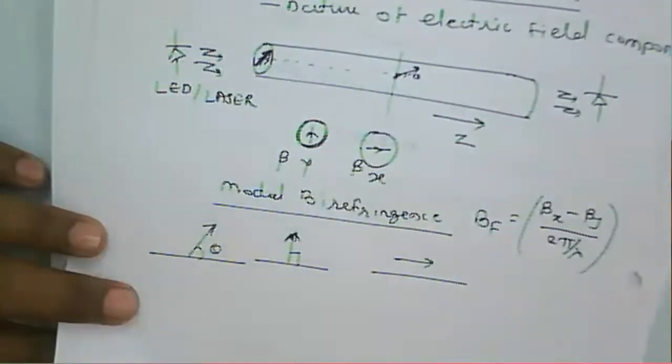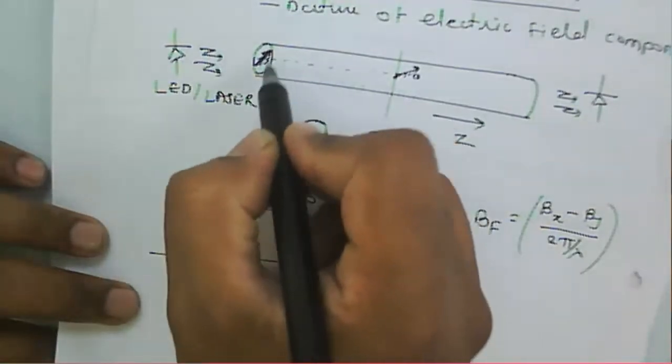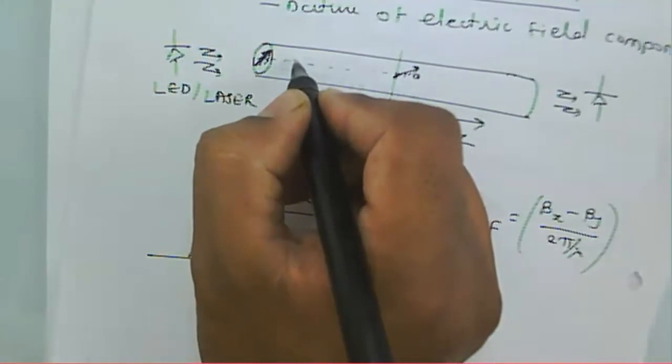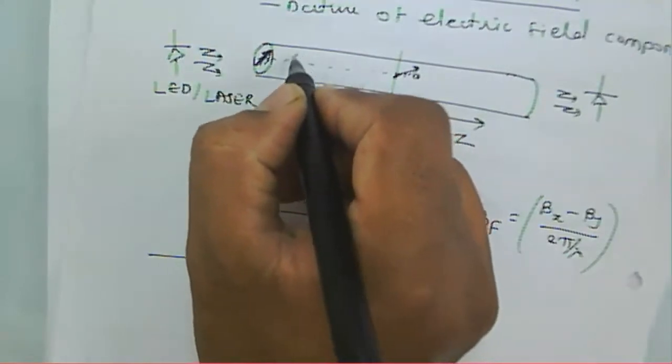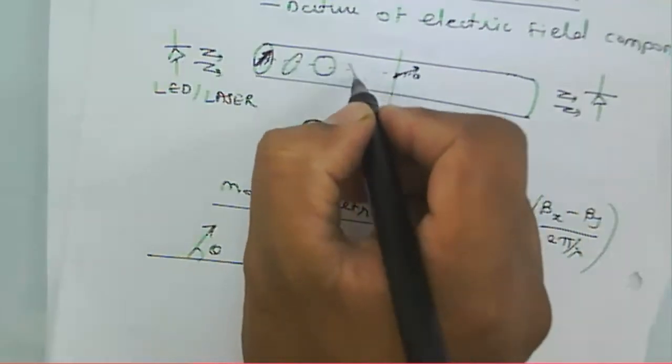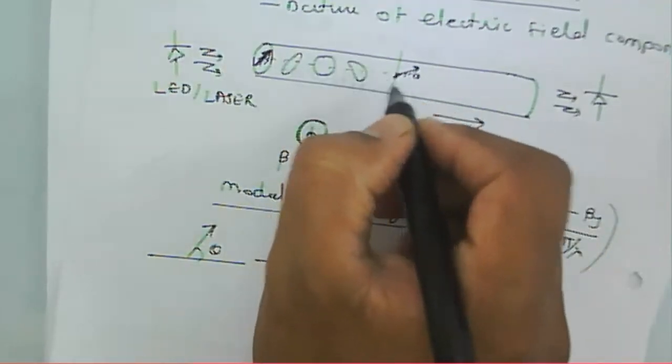Because when a ray is propagating through the fiber, the nature of that ray changes. It may be elliptical, it may be circular, or likewise.